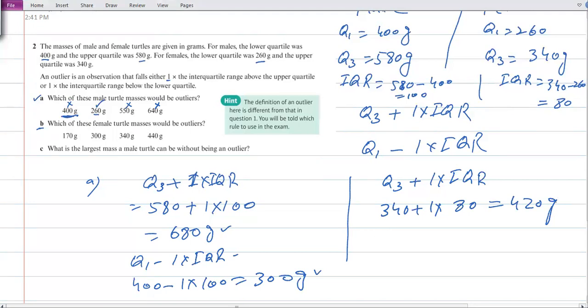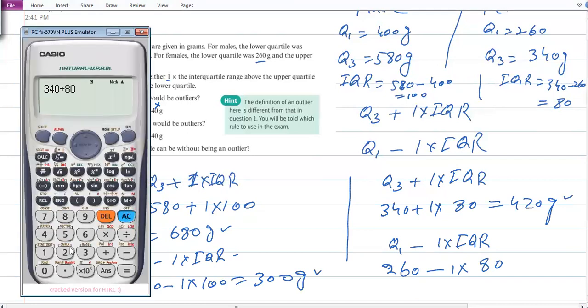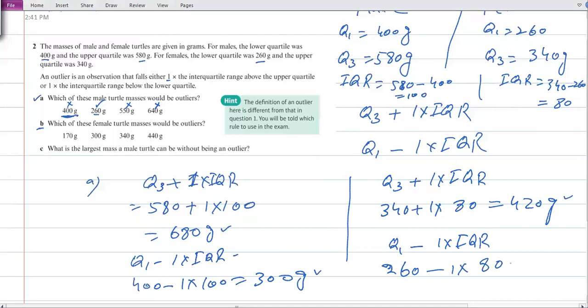If any value is greater than this, it will be an outlier, or Q1 minus 1 time interquartile range. Q1 is 260 minus 1 into 80, so 260 minus 80 gives 180.